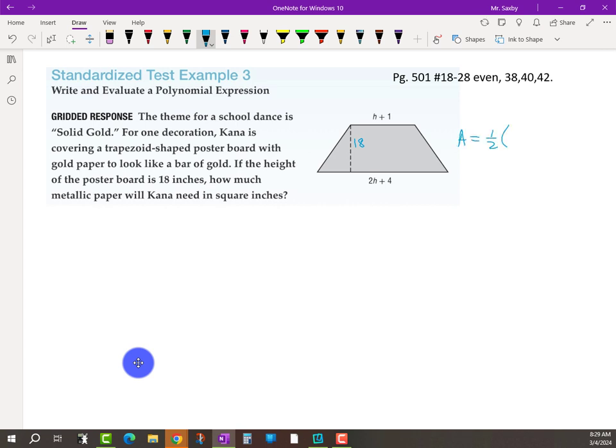It's 1/2 the two bases added together times the height. So for this problem, the two bases added together are these two things. So it's 1/2 times 2h plus 4 plus h plus 1. Now, I could put those in parentheses like this, but it's all adding, so it really doesn't matter, times the height of 18.